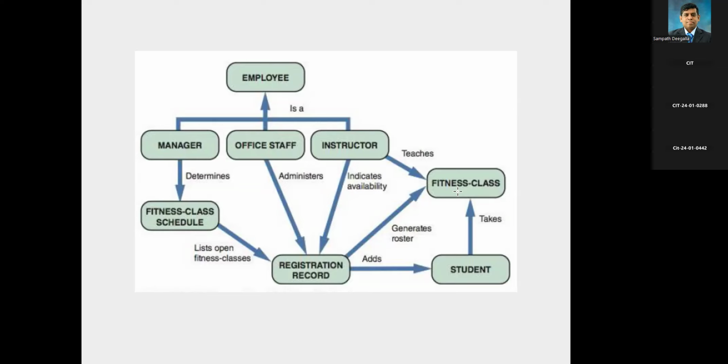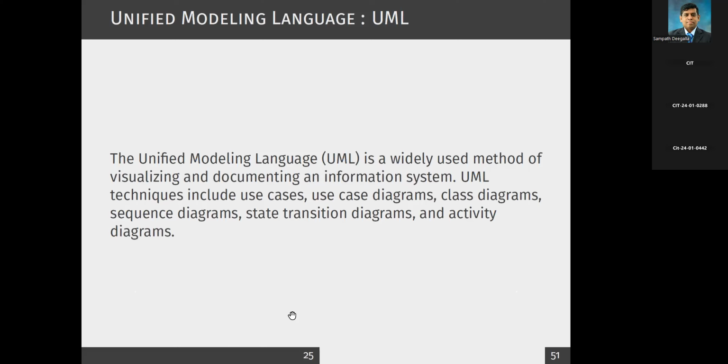So as you can see, this object diagram shows how objects interact with each other from an information system perspective. Right. Now that we understand the objects and their relations, and also a diagram notation like this, we need to look at more information on how to represent things within the information system.